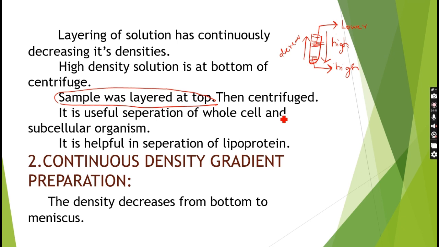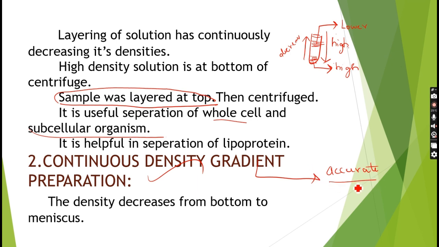So this discontinuous density gradient can be used in subcellular organelle fractionation. But a common method of density gradient centrifugation is the continuous density gradient preparation, because it is going to be a very accurate method for the separation of components.